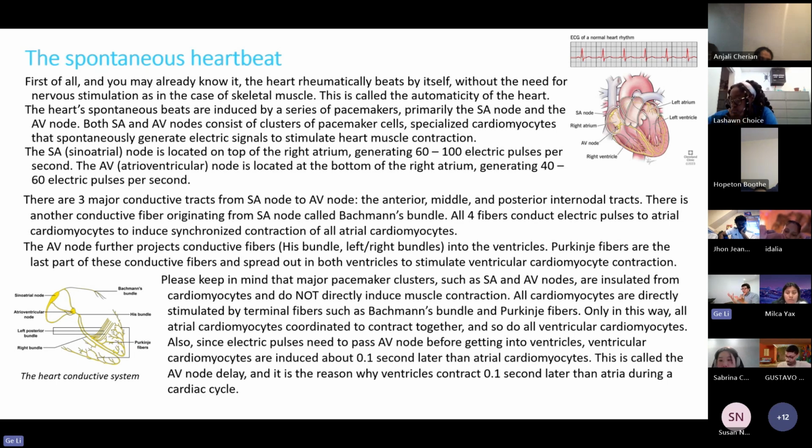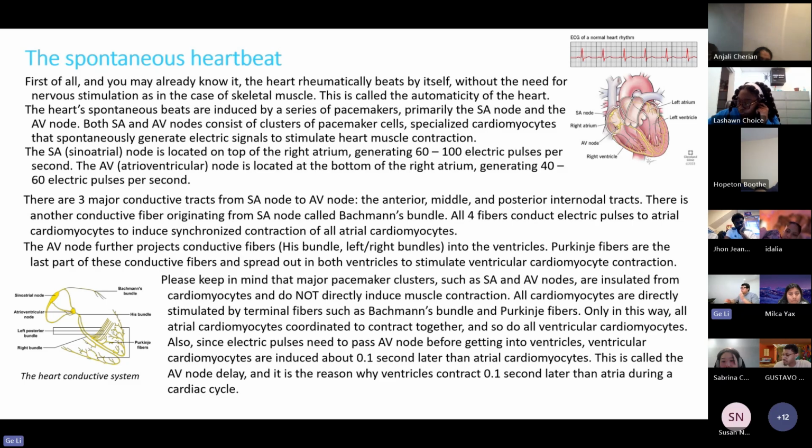And again, this Purkinje fiber is very well wired so that each region of the ventricles receives the signal at the same time, and then it contracts all of a sudden at the same time. So that's the beauty of the conductive system.